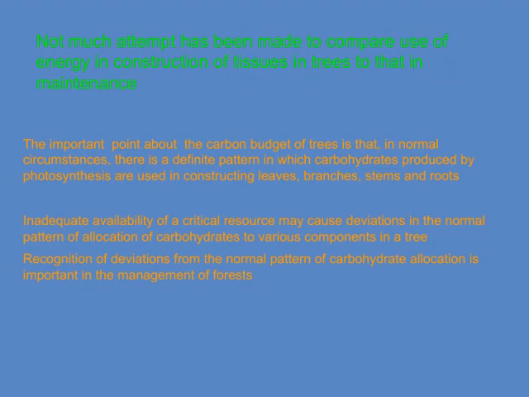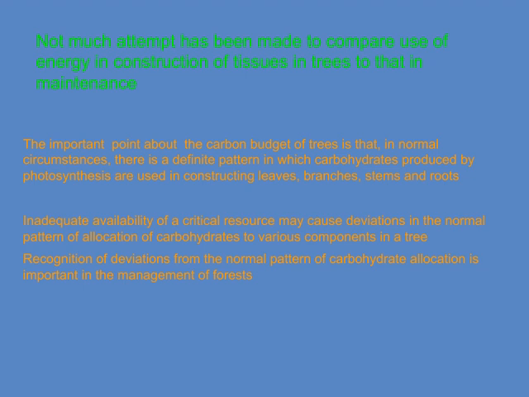Not much effort has been made to compare how energy is used when constructing tissues in trees versus maintaining them. What's really important about a tree's carbon budget is that, under normal circumstances, there's a clear pattern in how the carbohydrates produced by photosynthesis are allocated. These carbohydrates are used to build different parts of the tree, like leaves, branches, stems, and roots, in a fairly predictable way.